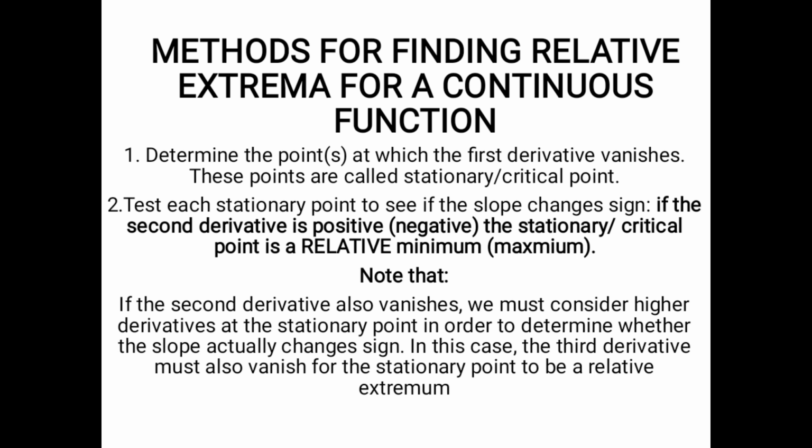Note that if the second derivative also vanishes, we must consider higher derivatives at the stationary point in order to determine whether the slope actually changes sign. In this case, the third derivative must also vanish for the stationary point to be a relative extremum.